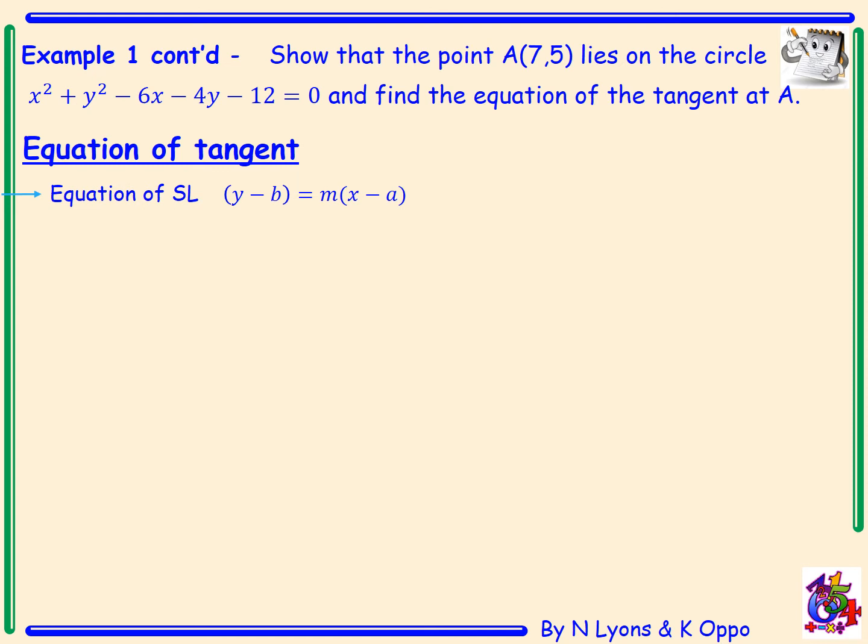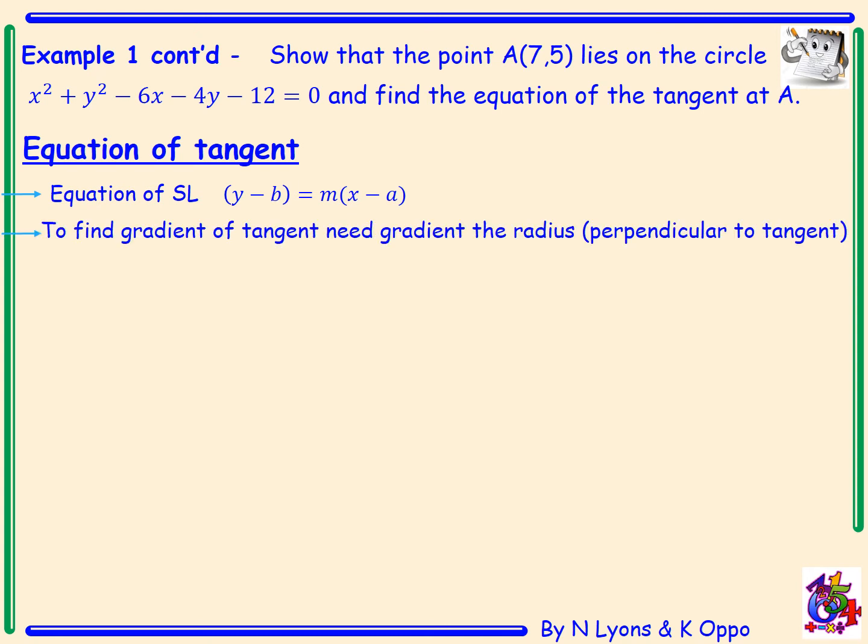In order to find the equation of the tangent, we need to know the point of contact, which we already have, which is (7, 5), but we need to know our gradient of our tangent. To find the gradient of the tangent, we need to know the gradient of our radius. The fact that we know the centre of the circle will help us find the gradient of our radius, and then we know that the radius is perpendicular to the tangent.